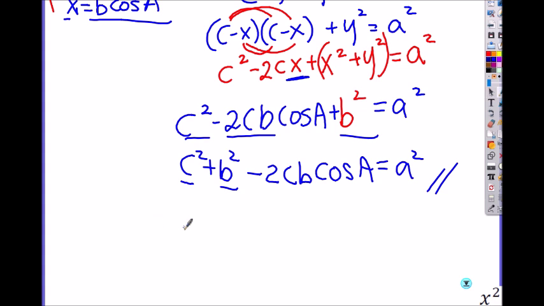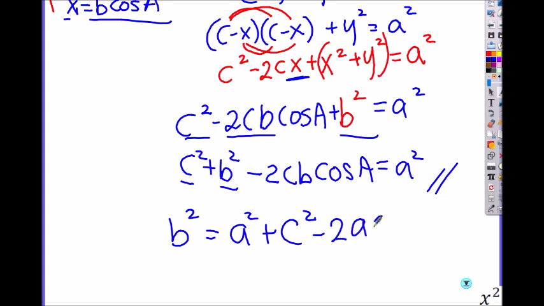But what are the other two laws of cosines? If you have b squared to start with, then the other two terms look just like the Pythagorean theorem. So you already used b. So here's a squared plus C squared. And it's always minus 2 times these two multiplied, AC.